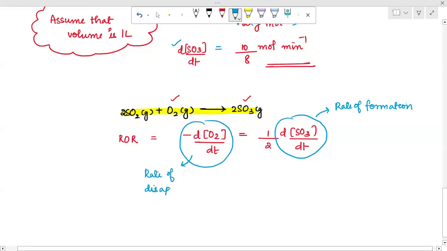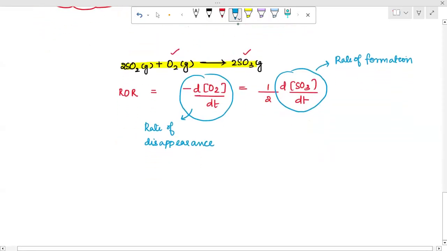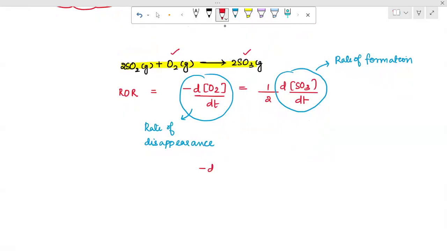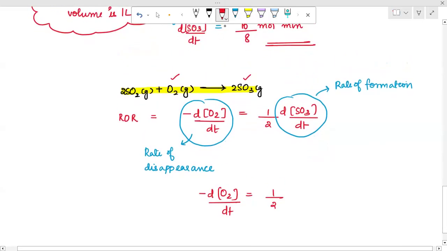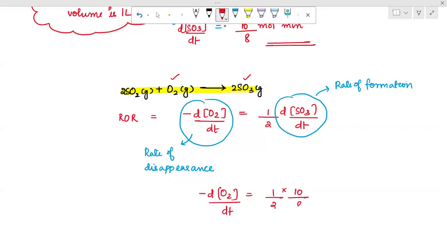So how are they related? Minus dO2 by dt is equal to 1 by 2 times the formation. Right? Now, formation is how much? 10 by 8 moles per minute.